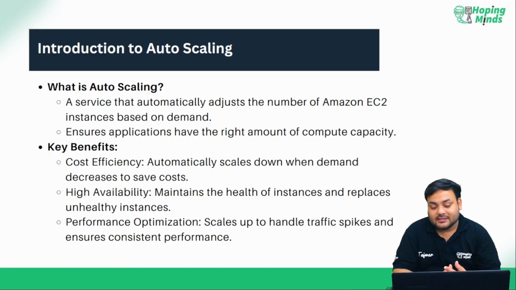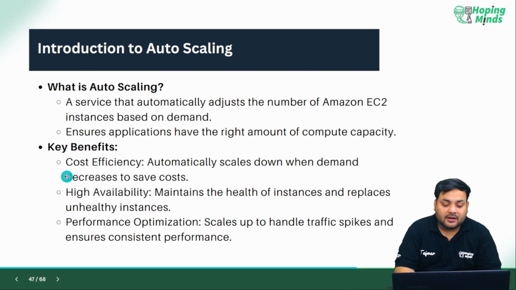So now let's understand auto scaling. What is auto scaling? Auto scaling is a kind of thing where, whenever we require EC2 instances, we can adjust the number of these instances as per our need. As the word itself defines, wherever there is a need, you can automatically scale up or scale down the number of your EC2 instances based on the demand or the requirement you have.